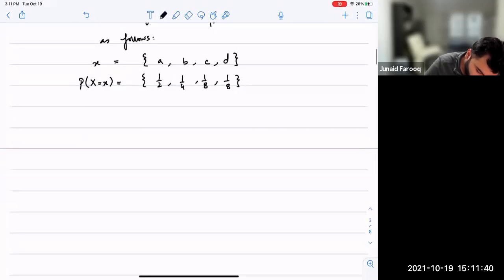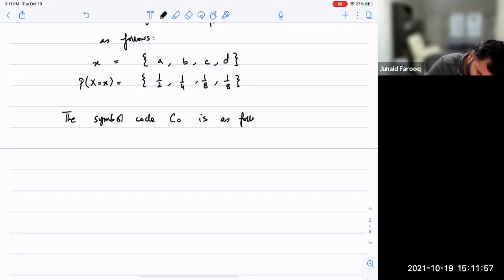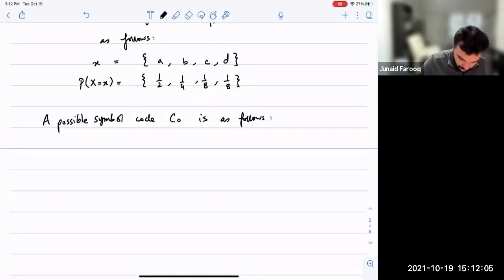Then one possible code, called C0, is the following.